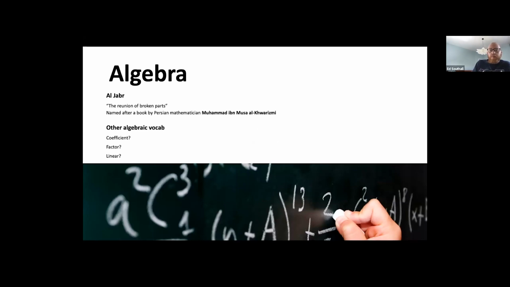And this book was written by a mathematician called Muhammad ibn Musa al-Khwarizmi. I'm sure I haven't quite pronounced that right, so forgive me. And you may notice that with his family name, al-Khwarizmi, that does sound a little bit like another word that we use, algorithm. And in fact, algorithm is a derivation of that name.